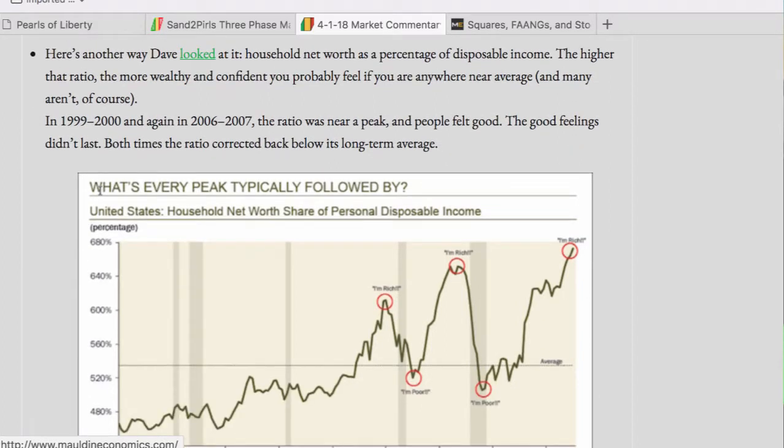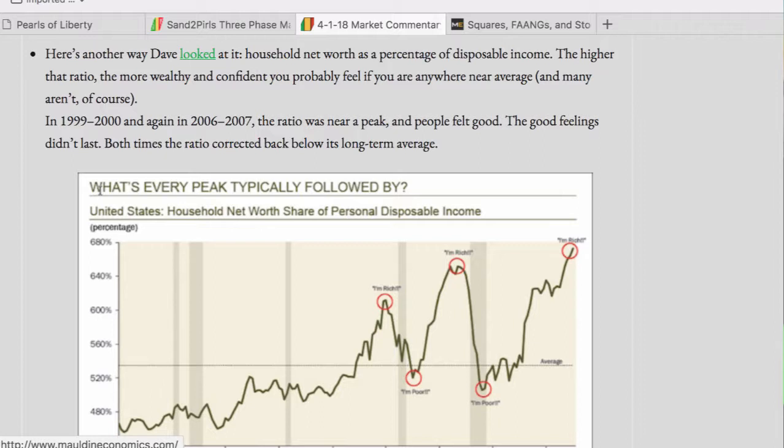Here's another way Dave looked at it: household net worth as a percentage of disposable income. The higher that ratio, the more wealthy and confident you probably feel if you are anywhere near average, and many aren't, of course. In 1999 to 2000, and again in 2006 to 2007, the ratio was near a peak, and people felt good.